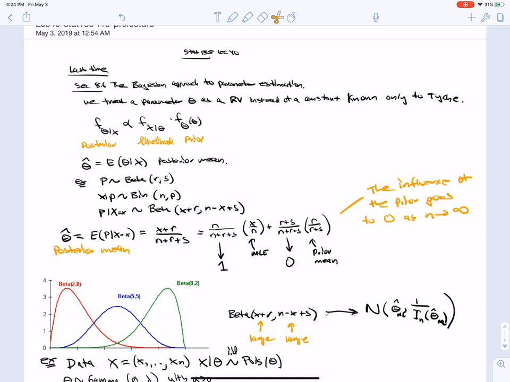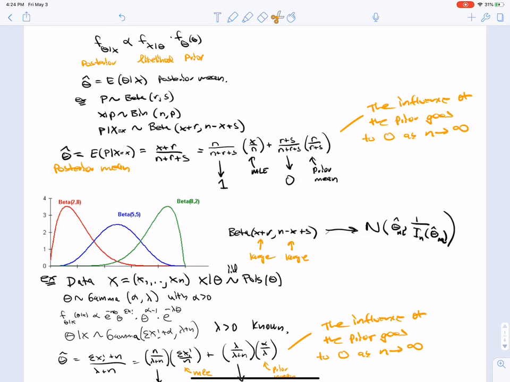And the nice thing about this is that you can see that as n goes to infinity, the MLE becomes dominant, and the prior mean basically becomes irrelevant. Furthermore, the posterior approaches a normal distribution.